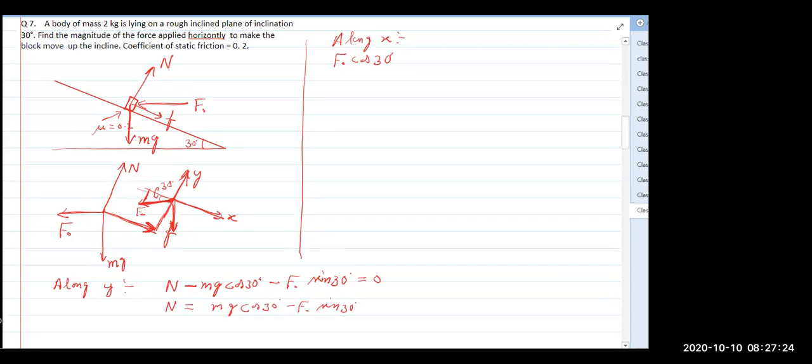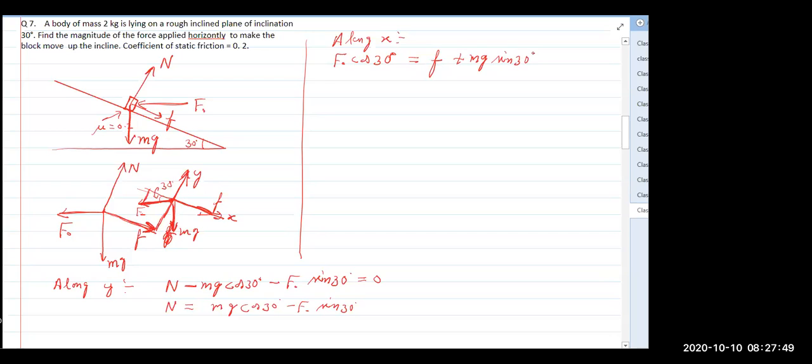So this f naught cos 30 must be equal to the down the incline forces. You can see the down the incline forces are friction, and then we have mg sin 30.